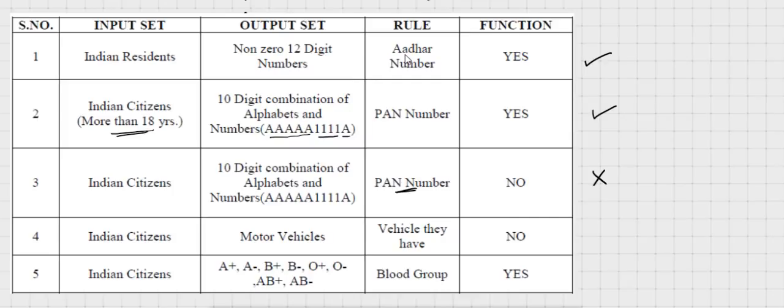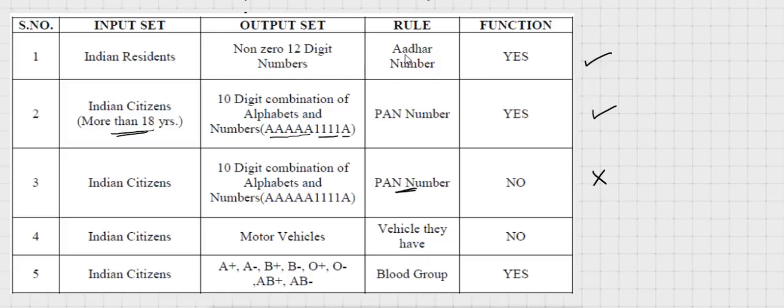Again, I am taking the input set as Indian citizens, and the output set as motor vehicles. Motor vehicles means you can take even a TVS scooty, Honda bike, car, lorry or anything.